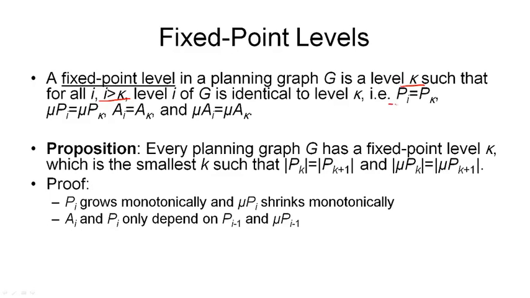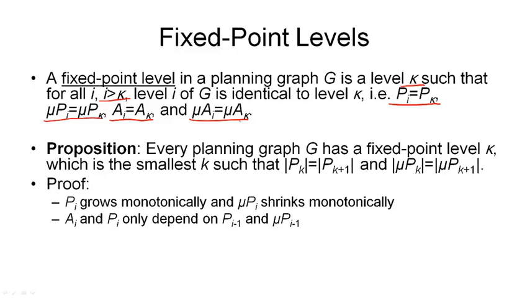So for all the following layers, the propositions are the same as in layer k. The mutex relations are the same for all the following layers. The action symbols are the same, and the mutex between actions are also all the same. And this holds for all the layers following the fixed point layer, not just for one.